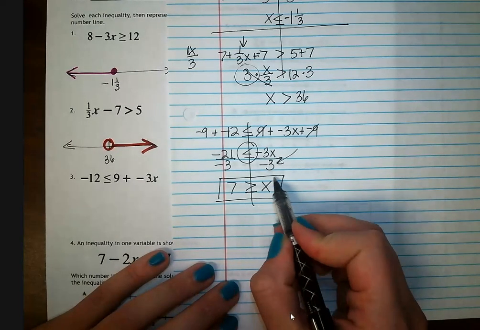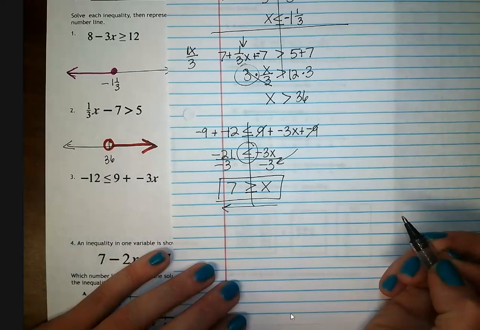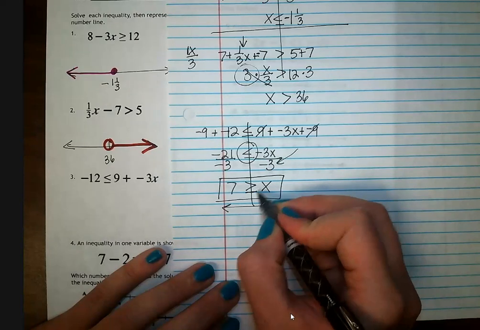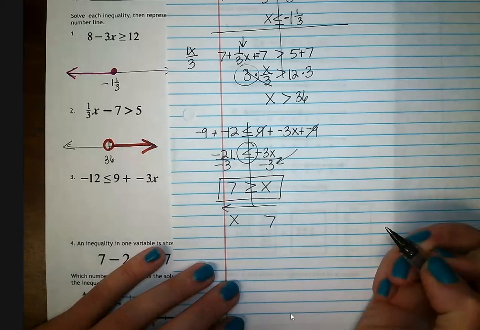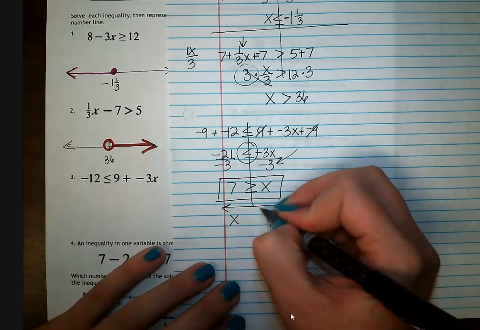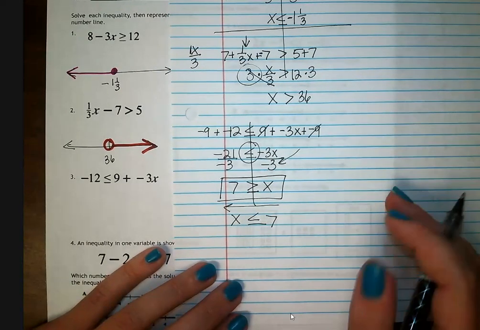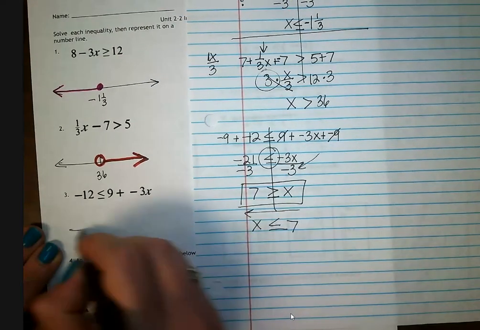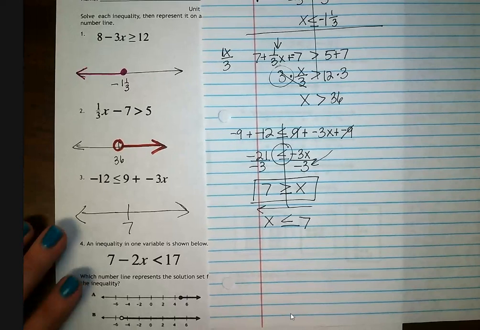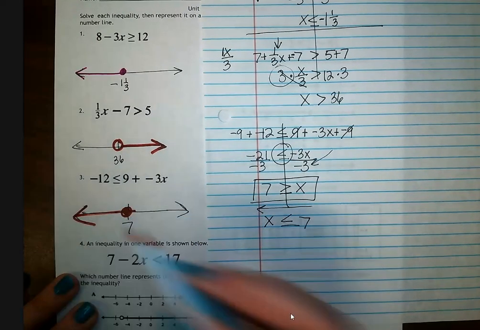The only problem is if we read it this way, we have to read it from right to left, which some of us forget to do. So I'm going to make it easier for us to read with our variable on the left side. But remember, when we switch the sides, we have to make sure we adjust the sign as well. So this actually ends up being x is less than or equal to 7. So if we're talking x is less than or equal to 7, it's a closed circle to the left.